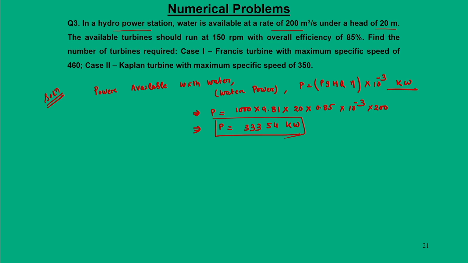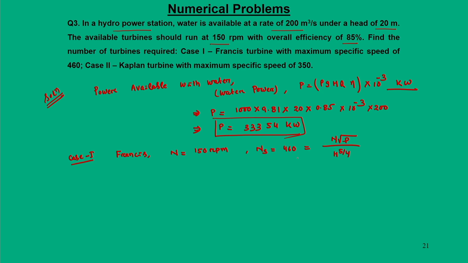Now, we have a choice for the turbines, and this turbine should run at an RPM of 150. So, first case 1, we say it is a Francis. So, we have speed as 150 RPM and its maximum specific speed is 460, and that is nothing but N square root of P divided by H to the power 5 by 4.